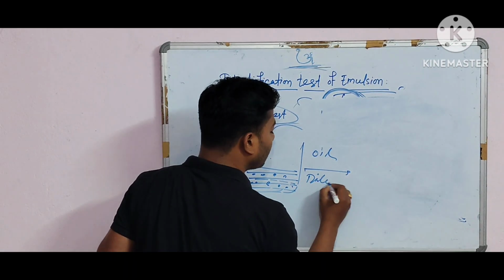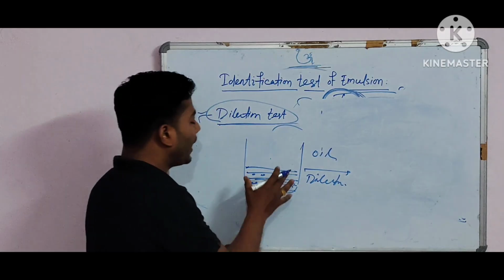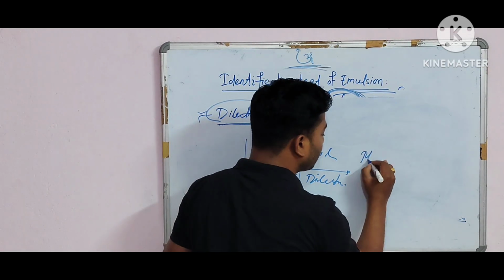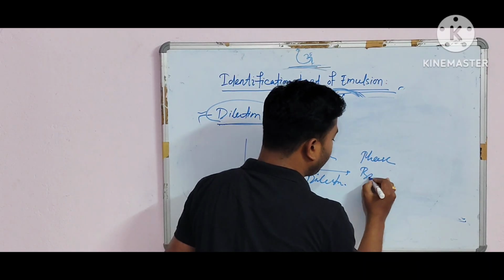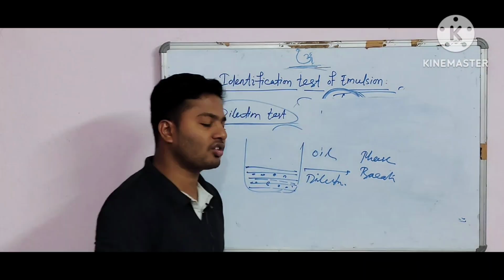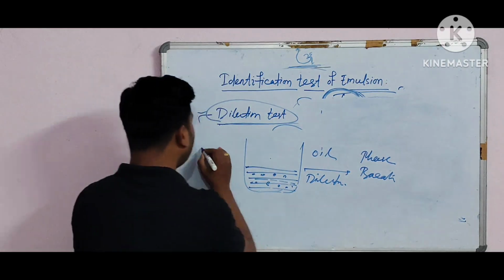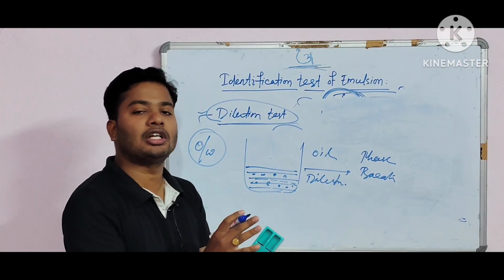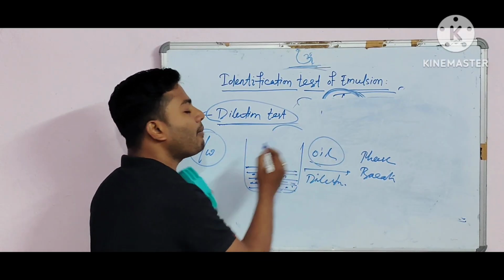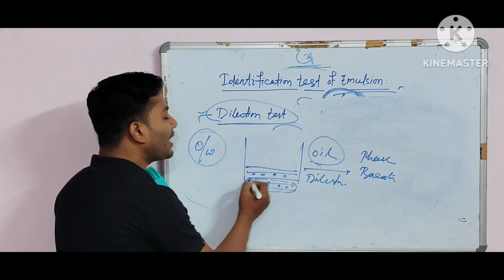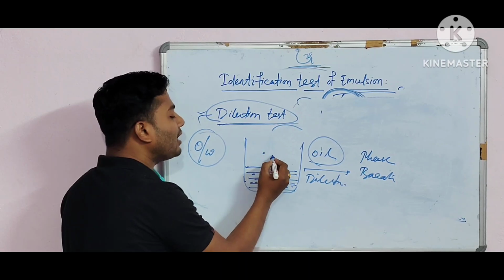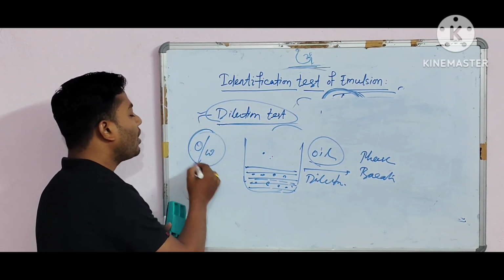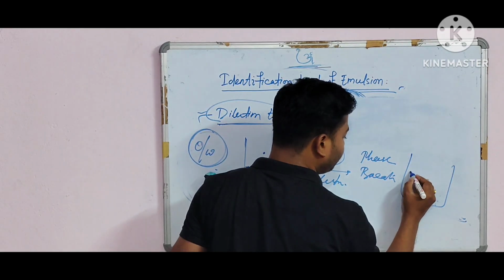If the phase breaks, then definitely you can say that it is the oil in water type of emulsion, because the amount of gum is not sufficient to show its action when extra oil is added. So in this case the oil definitely acts as the dispersed phase, in the form of globules. That's why it is oil in water. This is the diagram.